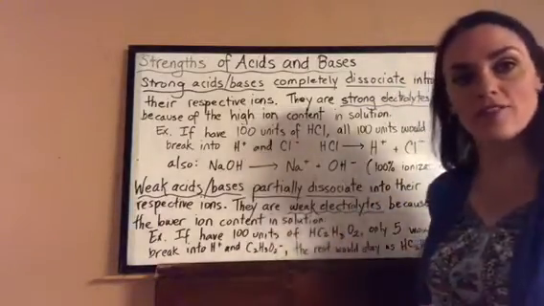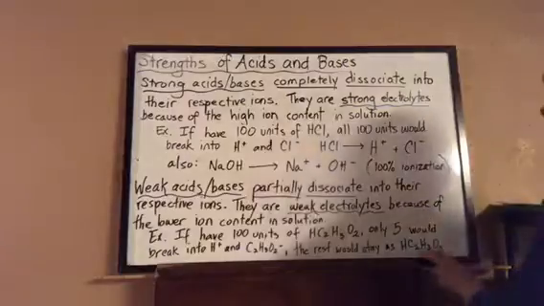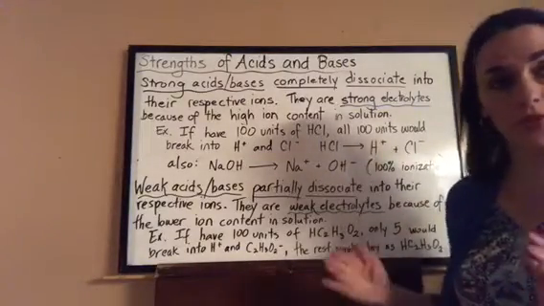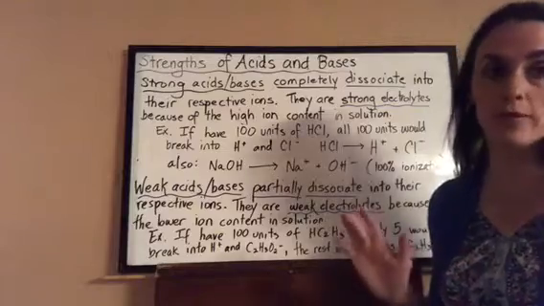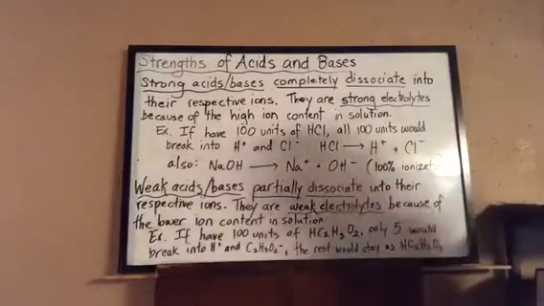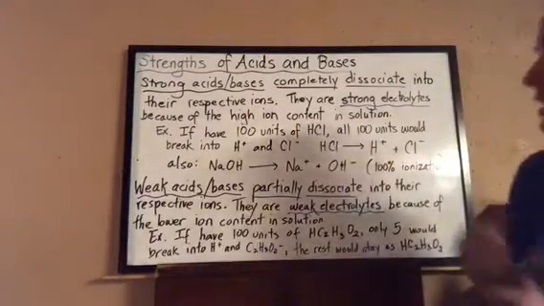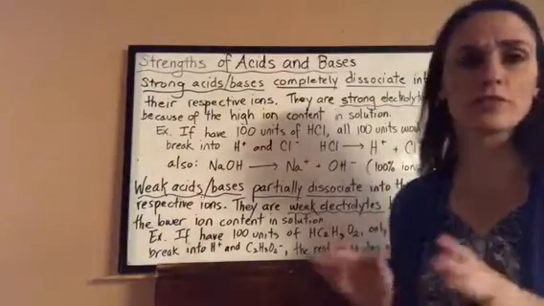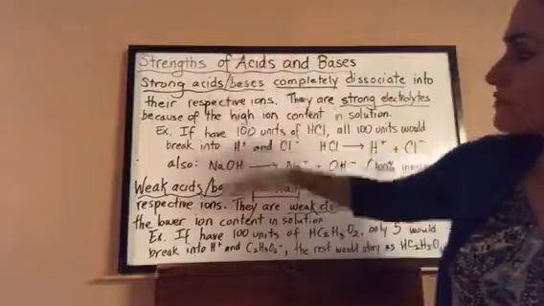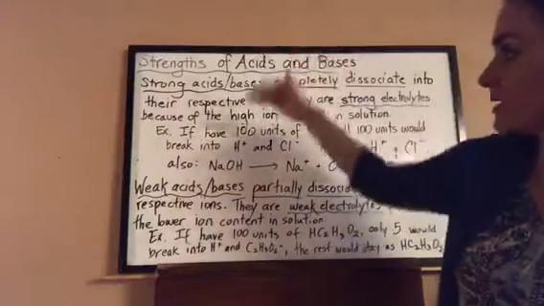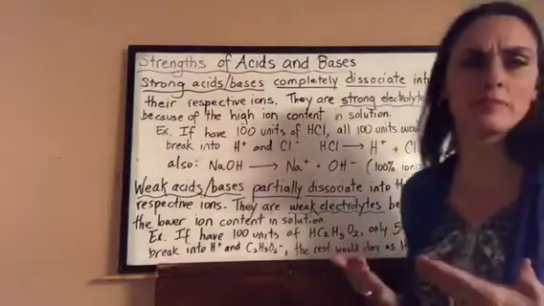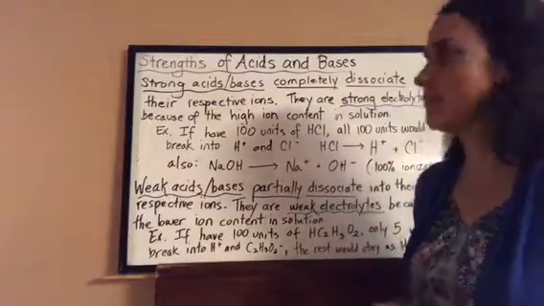The other 95 would stay intact as molecular acetic acid. So 100 units, only 5 break apart. That's a weak acid. And for weak bases, an example would be ammonia, there are some other ones too, but that's to categorize strong acids and bases versus weak acids and bases. Well, what about those substances that are neither?